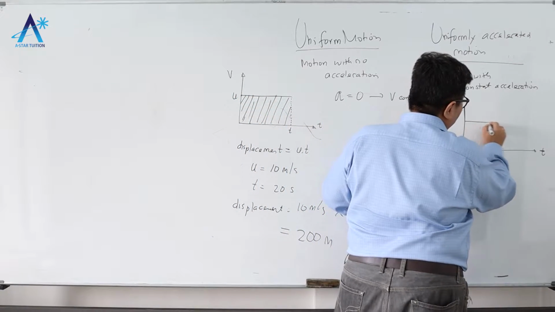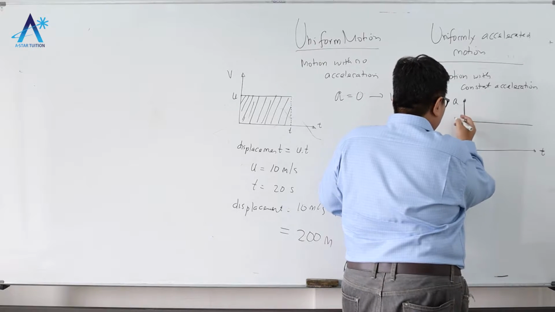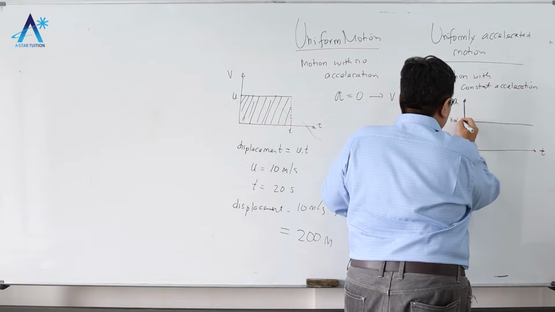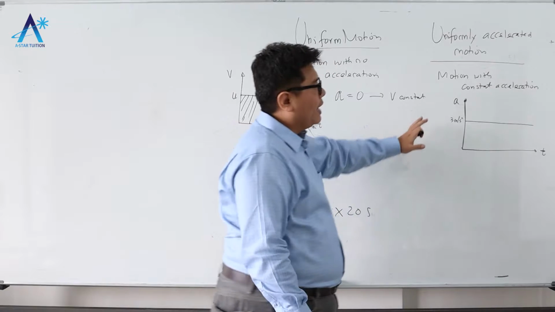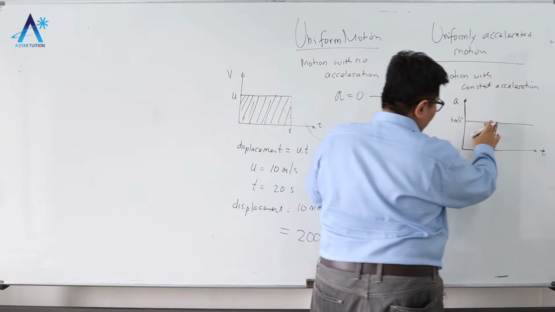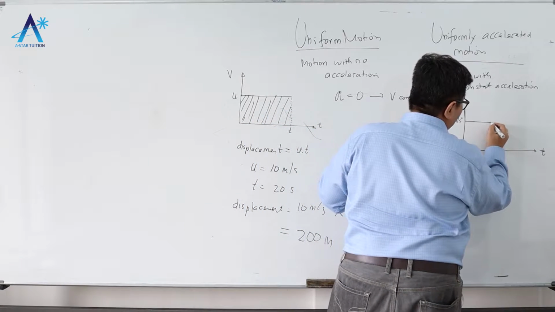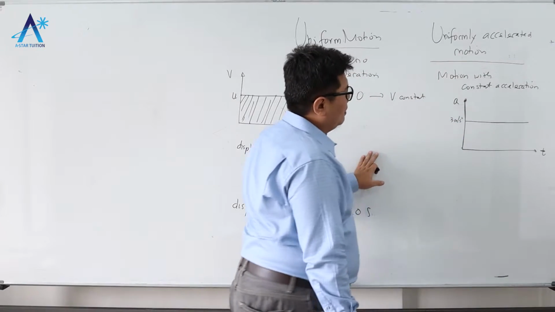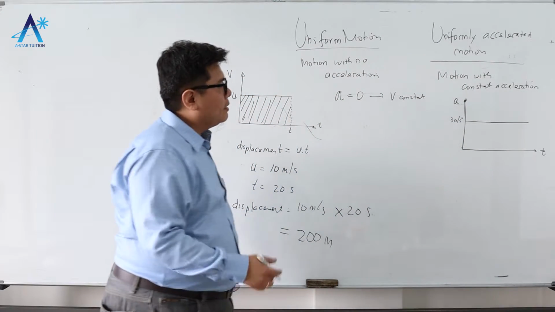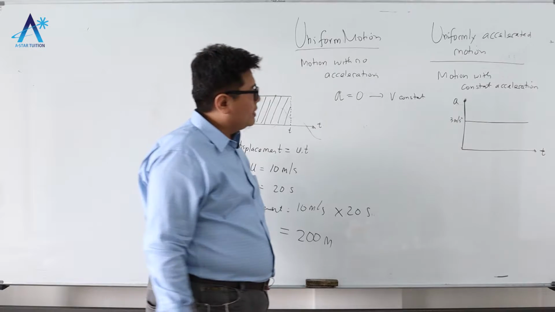Like from here, let's say that it has a value of 3 meters per square second. Now obviously it can be any number, but here let me give you just a numerical value assigned to it so that it becomes more relatable, 3 meters per square second.